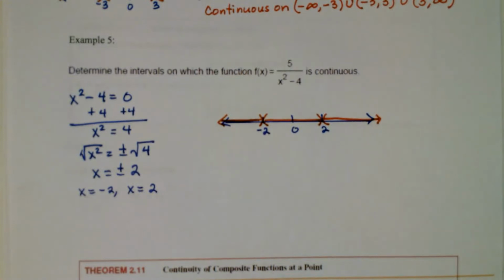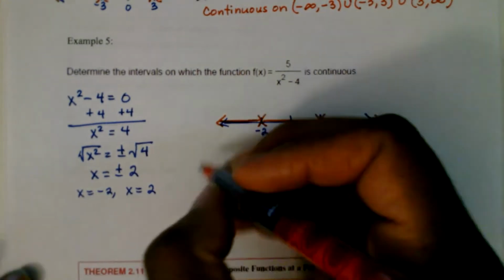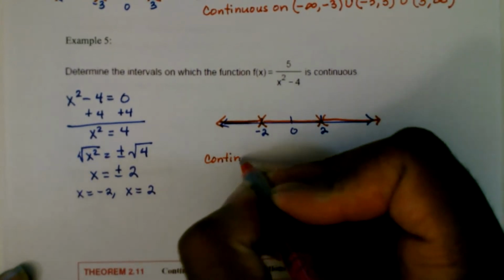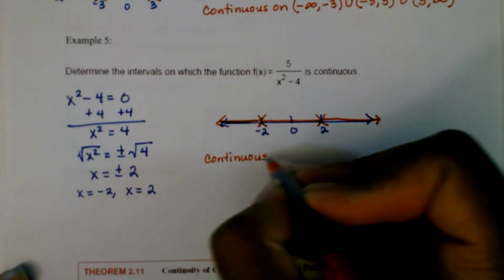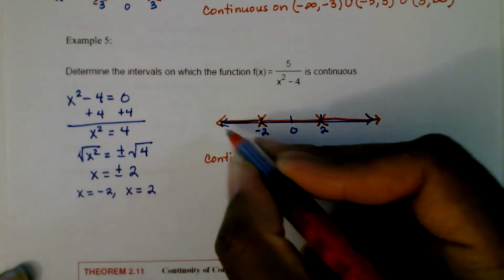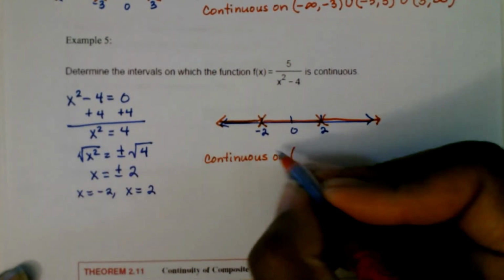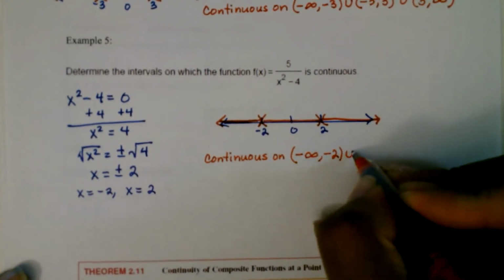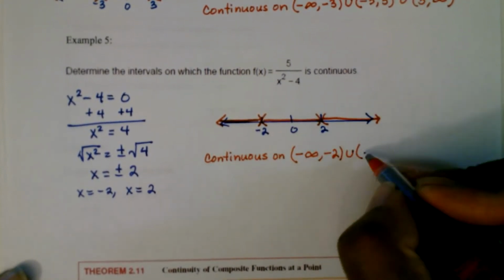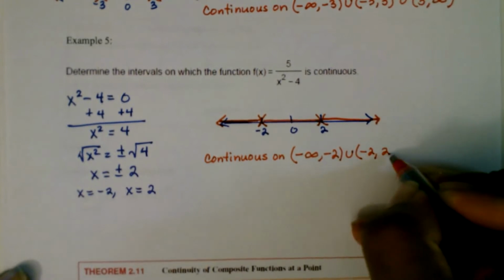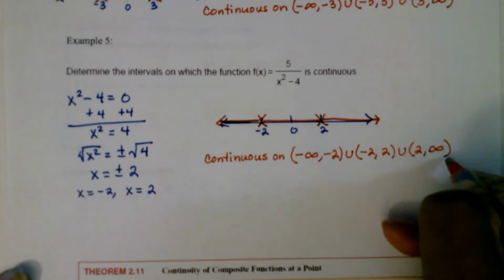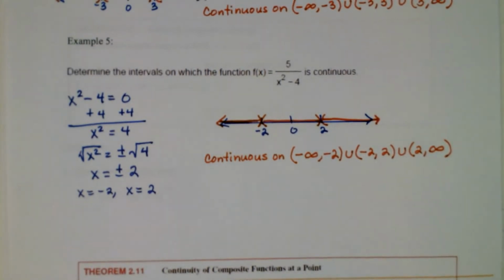So this function is continuous on the intervals from negative infinity up to negative 2, or from negative 2 to 2, or from 2 on out to infinity.